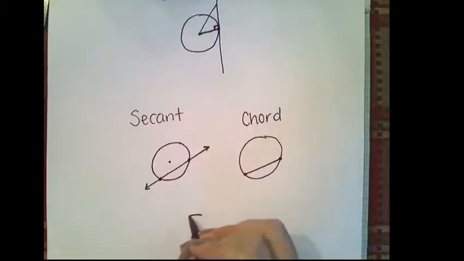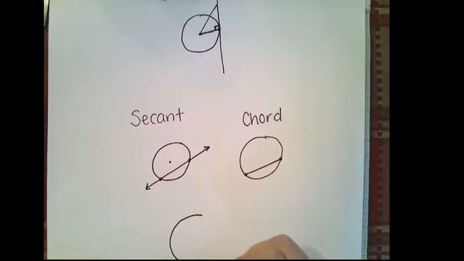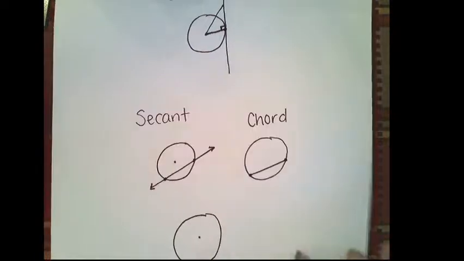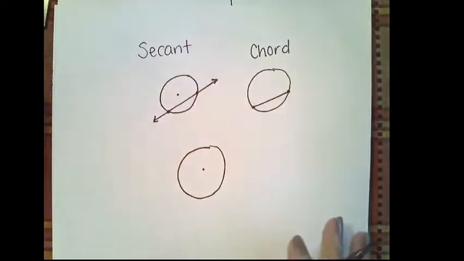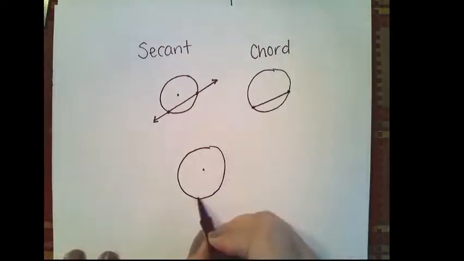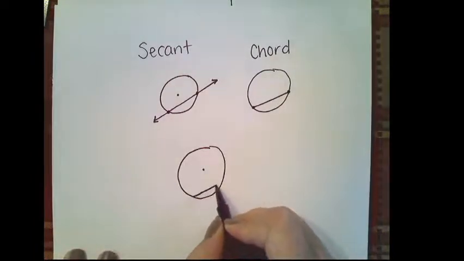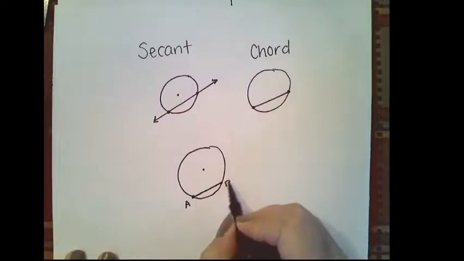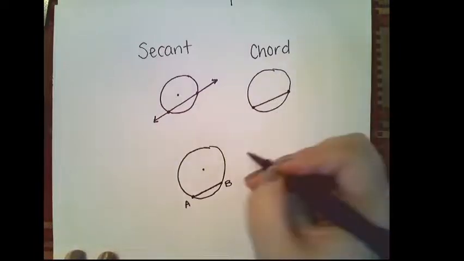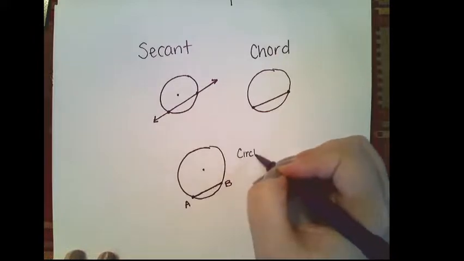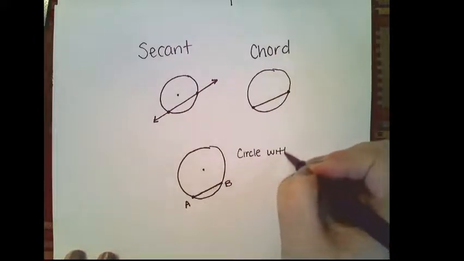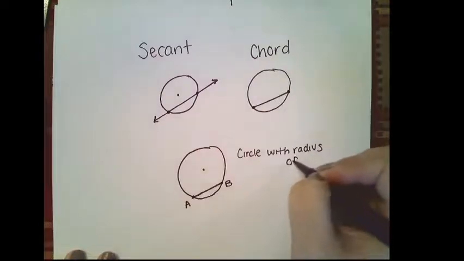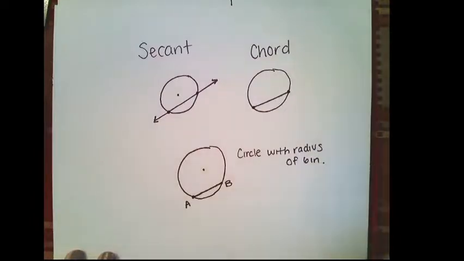We have problems that deal with chords. So here's our center. And specifically finding chord lengths. So if I have chord AB, and this is a circle with a radius of 6 inches.